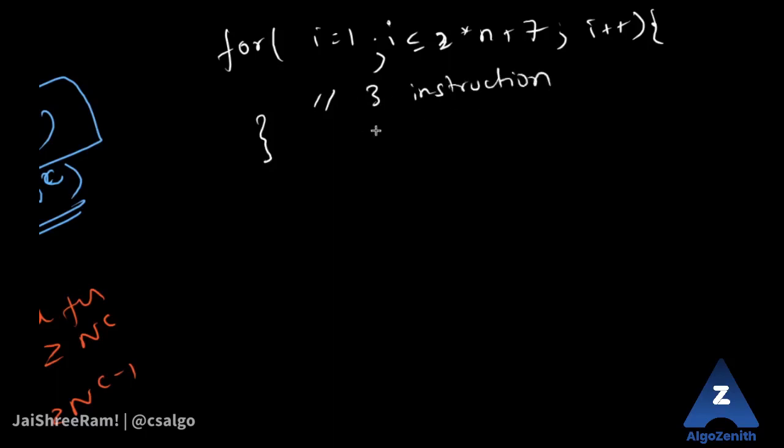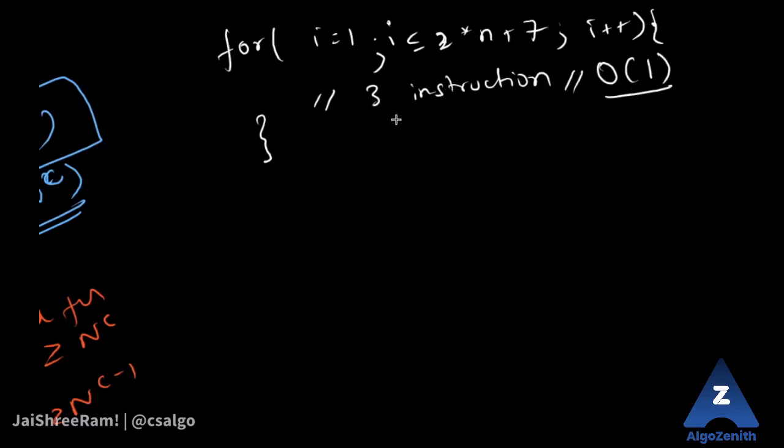Even if there are x number of instructions, if there is a very small number of instructions, we can call that order 1, right? Order 1 means there are a constant number of instructions. Order n means it depends on n, it's bounded by n. Order n square means it's bounded by n square, right? So if there are very few instructions, you can call them order 1. Okay, so we say that there are order 1 instructions in this for loop.